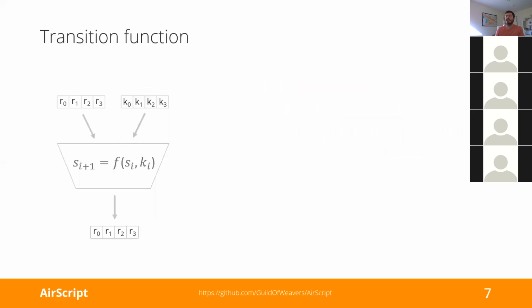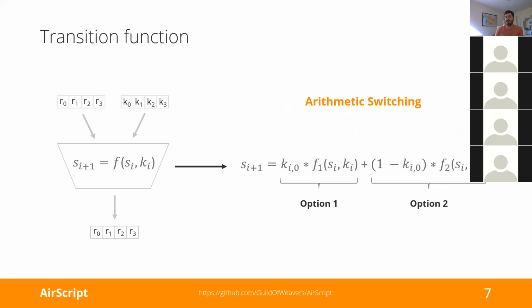Cool. Okay, so a transition function, to extend the definition that I gave on the first slide, now that we know about static registers, is very similar. It takes the current state of the computation. Now it also takes both static and dynamic registers, and it produces the next state of the computation. The technique that I was talking about, maybe there's a different name for it, but I called it arithmetic switching.